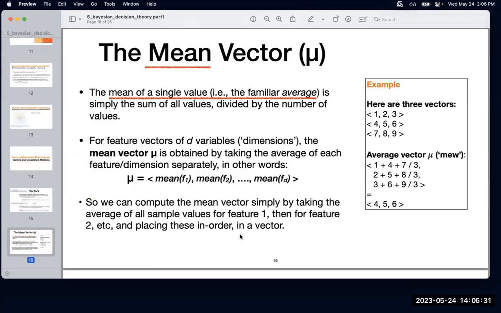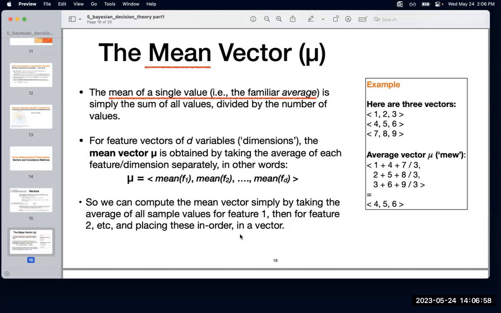So the mean vector is a vector that is essentially storing mean values. So for each feature or for each dimension that you have in your input space, you can check, given the samples, the entries that you have in the data, what the mean value would be for each of those features. If you do that for all the features, you end up with a vector of means.